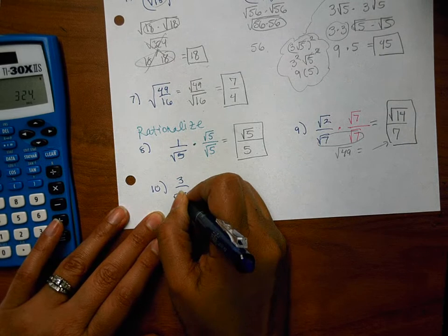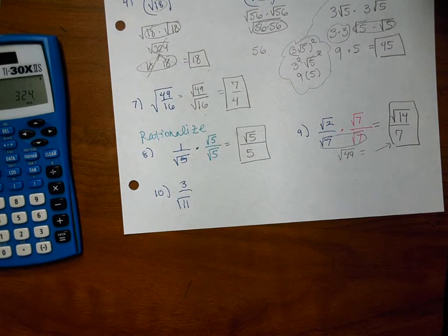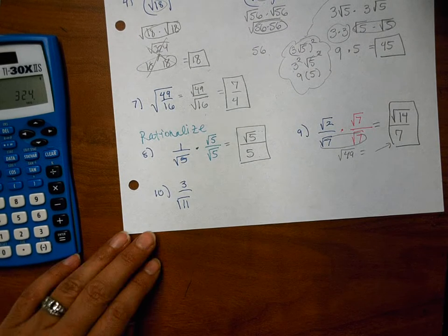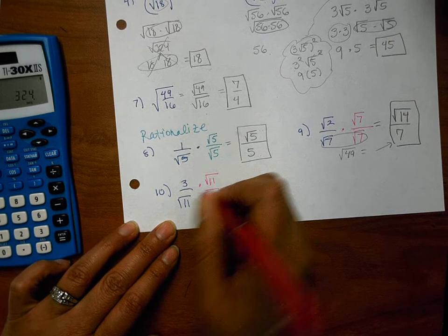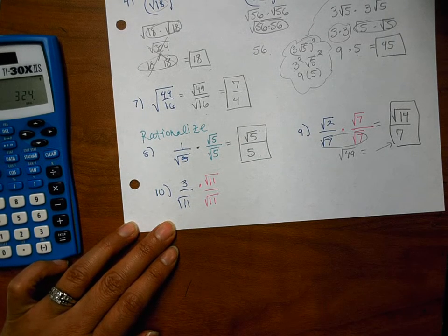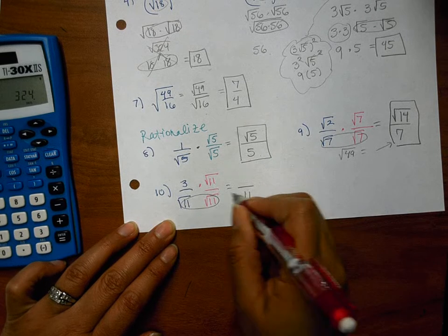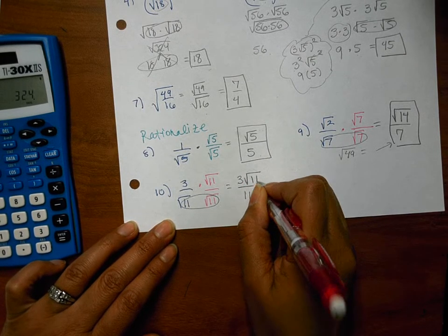And number 10, 3 divided by root 11. I cannot have a square root in the denominator, so I'm going to multiply top and bottom by root 11 because that's the radical I'm trying to get rid of. Without knowing what 11 times 11 is, we know it's a pair, so it's just coming out as 11.